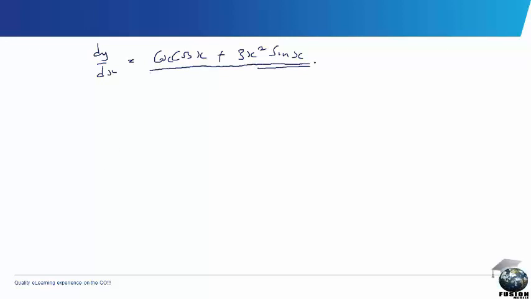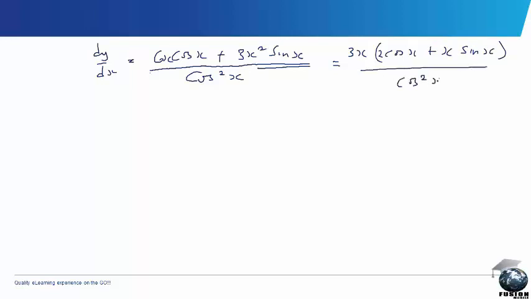Okay, v squared is given as cos squared x. Alright, we have some things to factor here. We can factor 3x, so that here becomes cos x, 2 cos x, plus then we'll have x sine x, then all over cos squared x.